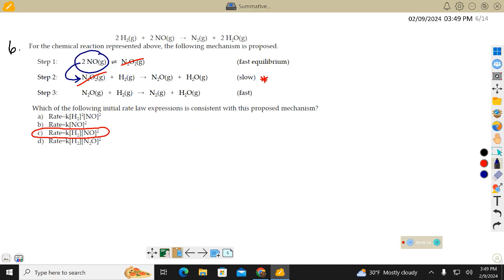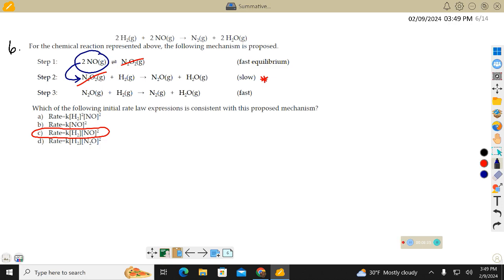6, which of the following initial rate law expressions is consistent with the proposed mechanism? Okay, so we know that in the lab, if I try this reaction, the final rate that I experience in the lab with my data is really going to be dependent on the slowest step of the mechanism. We call that the rate determining step.